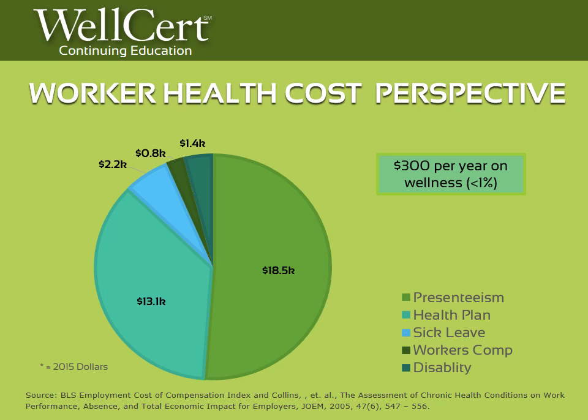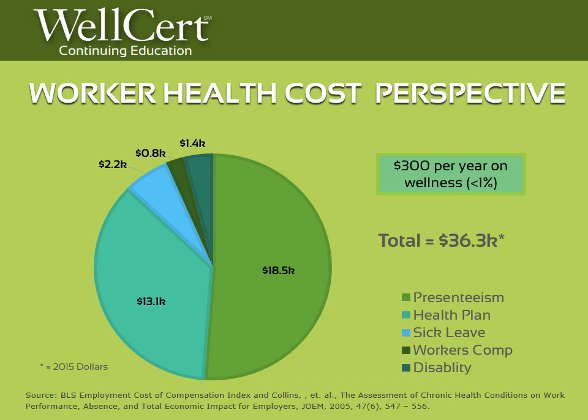So these have been upgraded to 2015 using the Mercer employer survey results, which gives us an idea of medical trend over the years from the point when some of this data was initially presented to the current time period. And then we also have the phenomena that we're spending somewhere around $36,000 on these elements of cost. And we oftentimes then want to spend $300 per year, less than 1%, on affecting these costs.